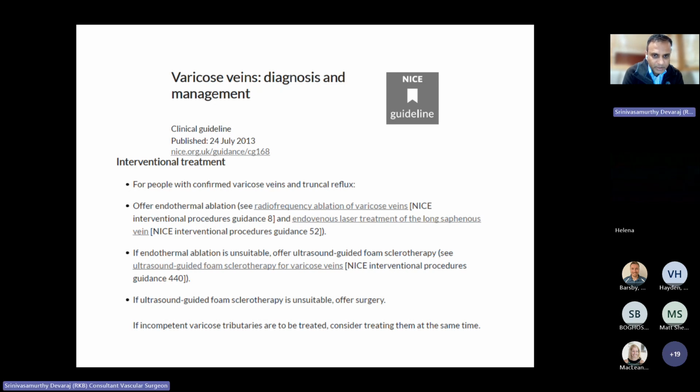If endothermal ablation is unsuitable, then the second line treatment is ultrasound guided foam sclerotherapy. If that is also unsuitable, then surgery in the form of high tie and stripping, which is very rarely done. I mean, 99% of my practice now is either endothermal ablation or foam sclerotherapy or a combination of the two.